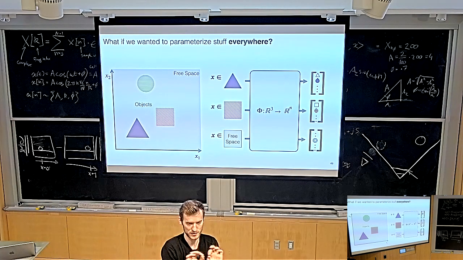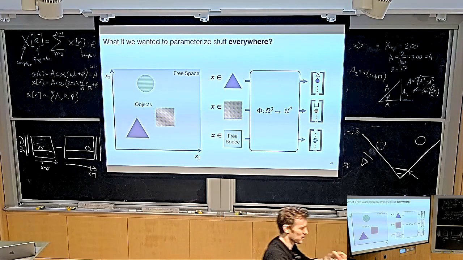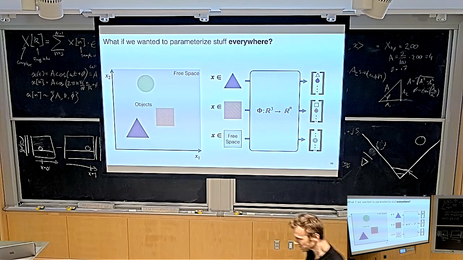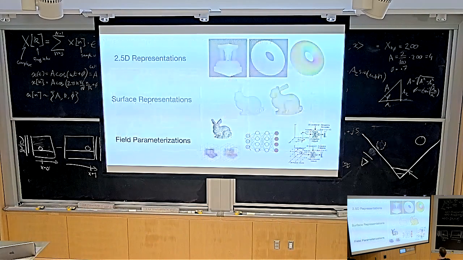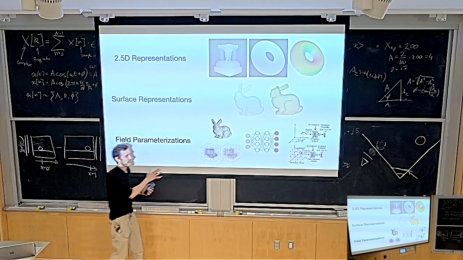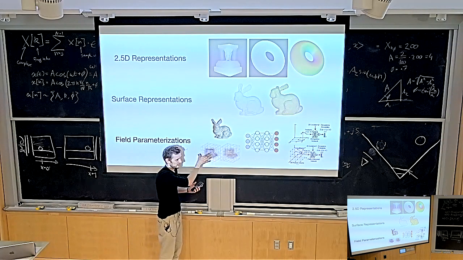Surface representations only tell you something about surfaces embedded in 3D, and the point of a volumetric representation is to also tell you something about all the rest of space. Now we're getting into a territory that was a hot topic of research over the last 3 years.